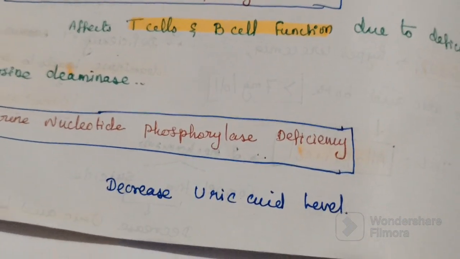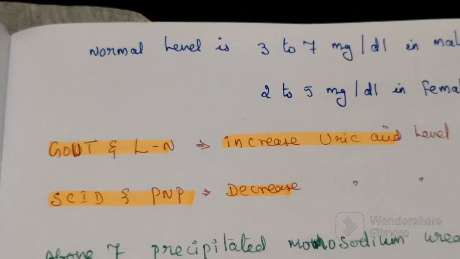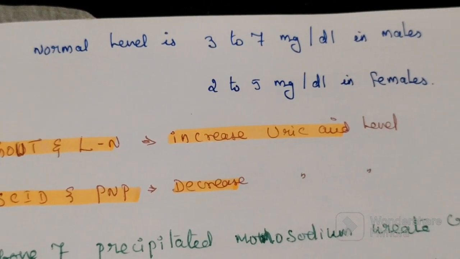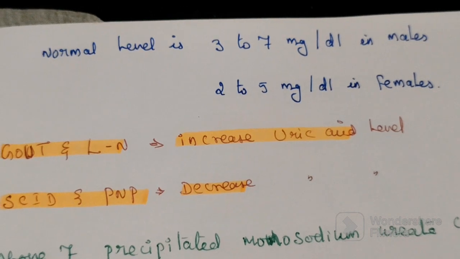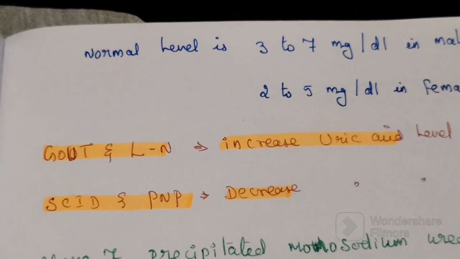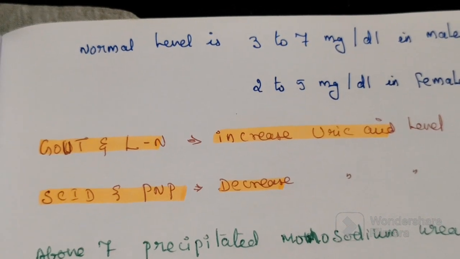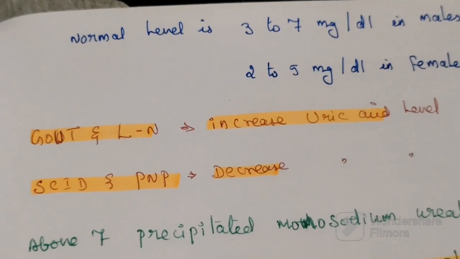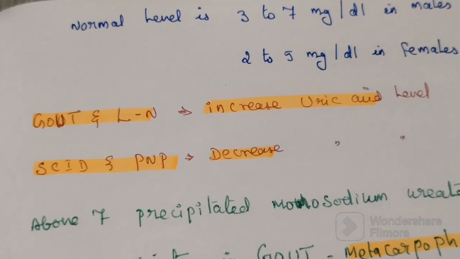So what is the normal level of uric acid? 3 to 7 mg per deciliter in males, 2 to 5 mg per deciliter in females. Gout and Lesch-Nyhan syndrome increase uric acid level, while SCID and PNP deficiency decrease uric acid level.